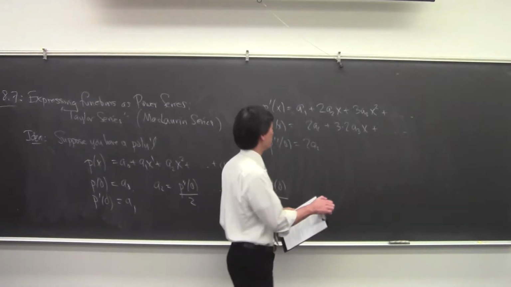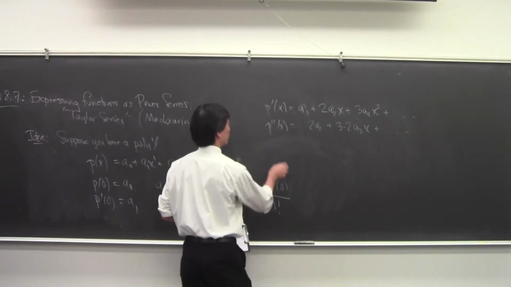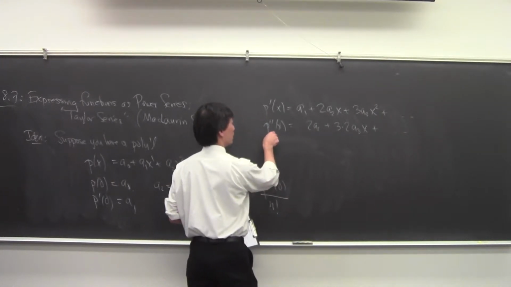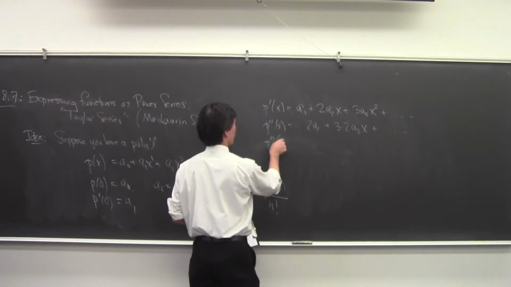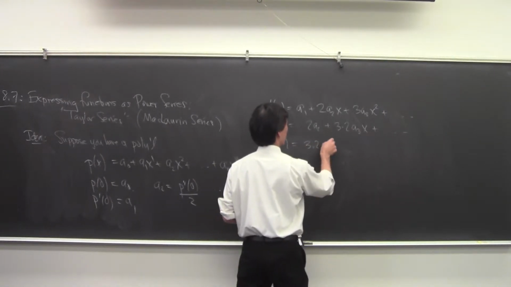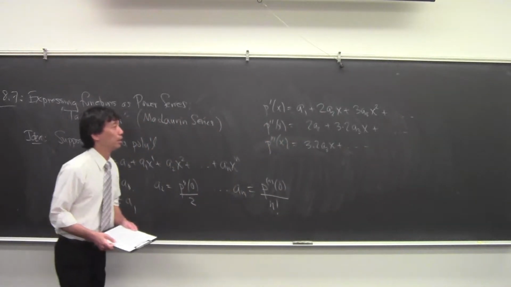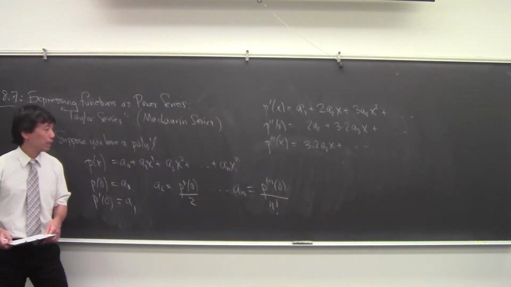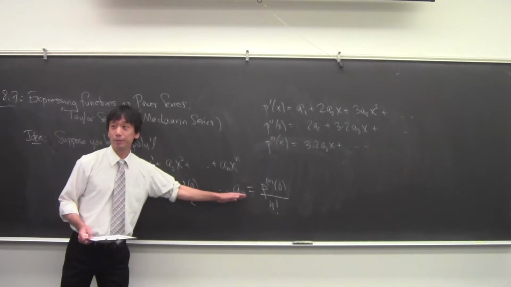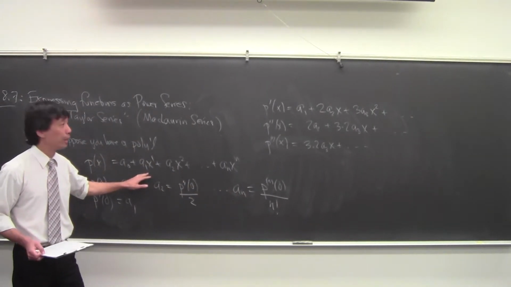So the third derivative would be 3 times 2 a3 plus, et cetera. So we need to divide by n factorial.